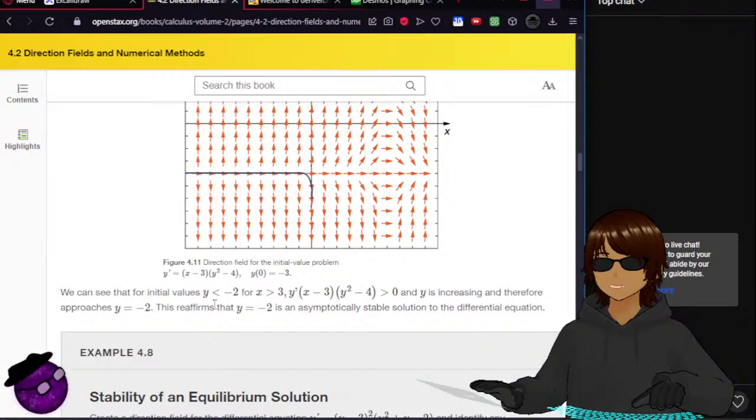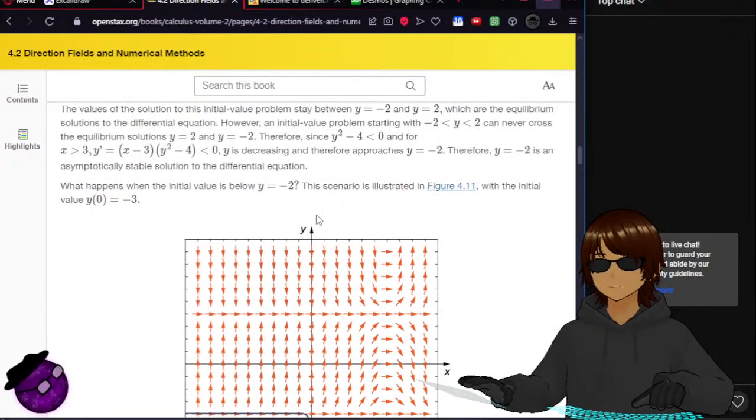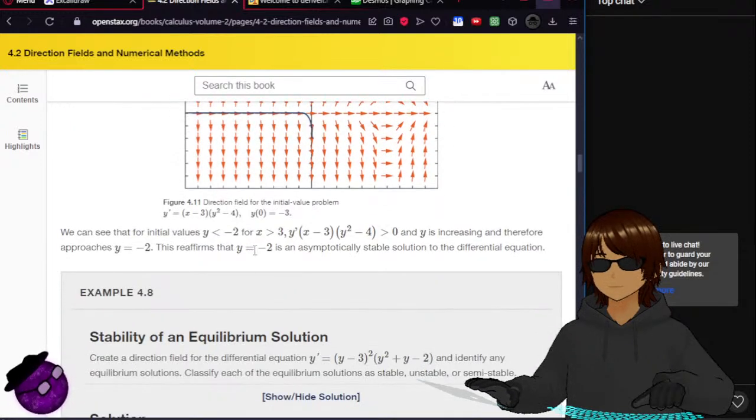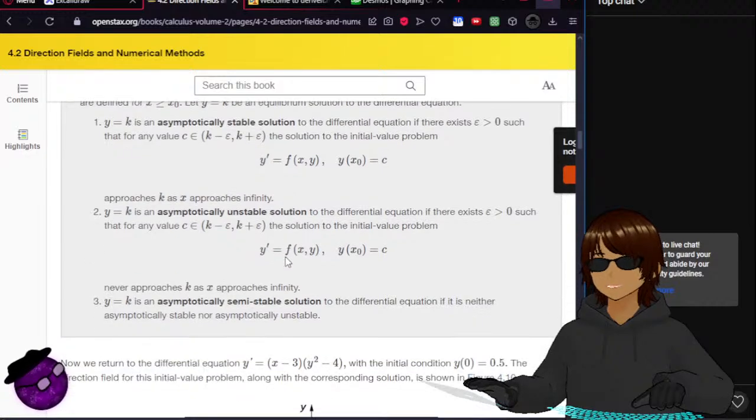You can see that for initial value y less than -2 and for x greater than 3, y is increasing, and therefore this is stable. From here onwards, it will approach k as x approaches infinity, so it's stable. What about below -2? Oh, it's stable as x approaches infinity, right?